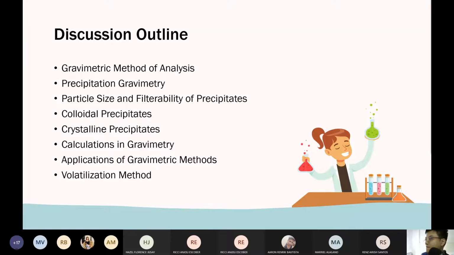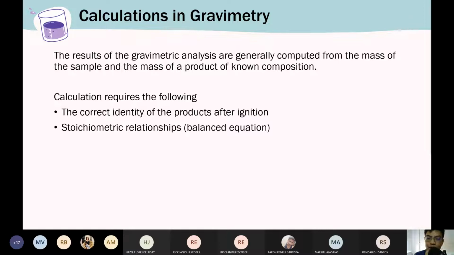And last time we were able to do calculations in gravimetry. The most important thing that you have to remember is that you must establish the identity of your product and their corresponding amounts. Other than that, they should have a stoichiometric relationship with the analyte that you are looking for.